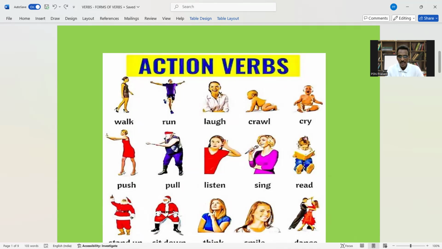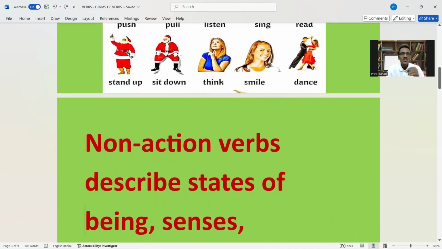So read and like that stand up and sit down. See, first he is standing, then he is sitting. Sit down and stand up. And what is she doing? She's smiling, right? And what are these people doing? They are dancing so gracefully.